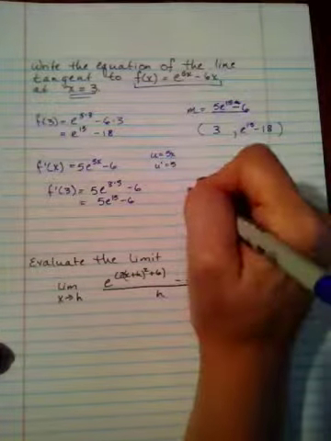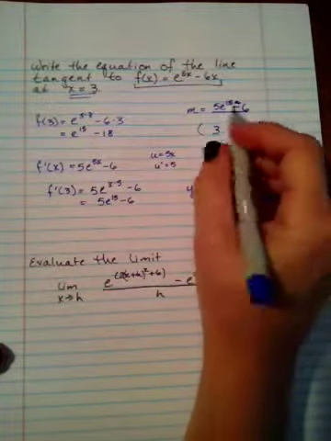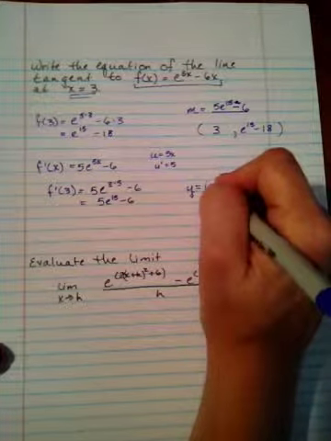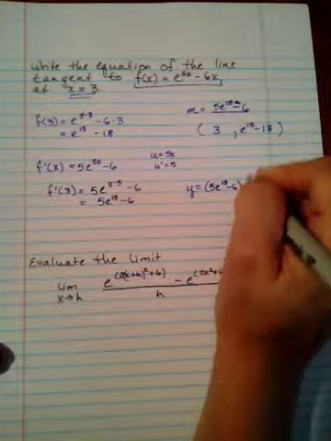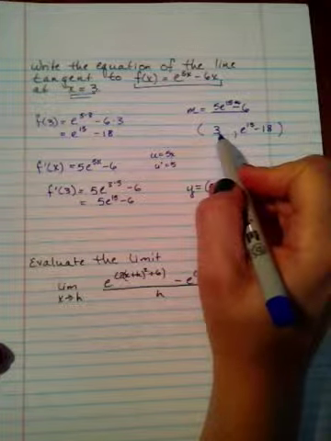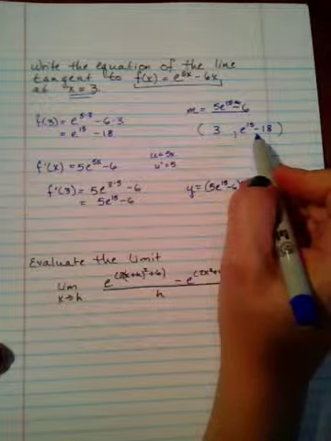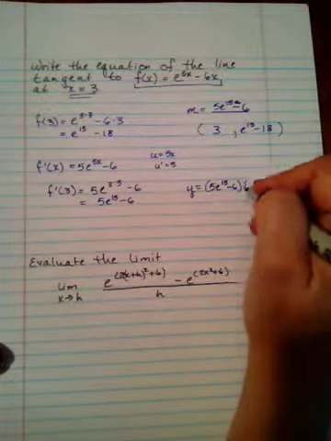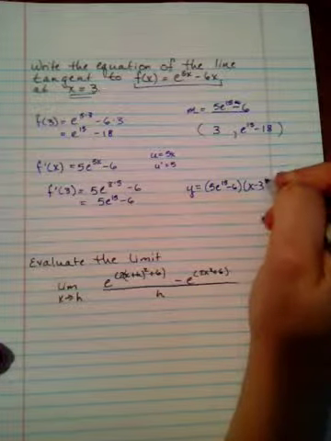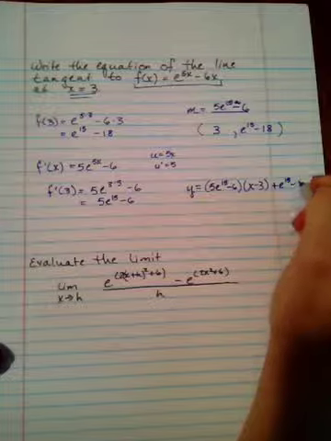So the equation of my line will be y equals, I'll put my slope first, and because it has two terms, it has to be in parentheses. And then this point has been shifted from the origin 3 to the right, and e to the 15th minus 18 up. So I'm going to say x minus 3 plus e to the 15th minus 18.